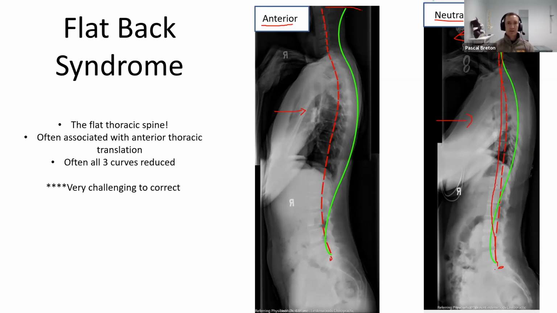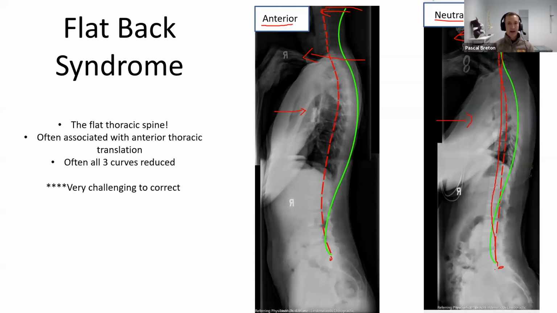This patient is shifted significantly anterior, right? They have anterior sagittal balance. Now, when the spine shifts anteriorly relative to the pelvis like this, I'm going to say it again slowly. When the spine or the thorax shifts anterior relative to the pelvis, the normal pattern for the thoracic spine is to flatten.